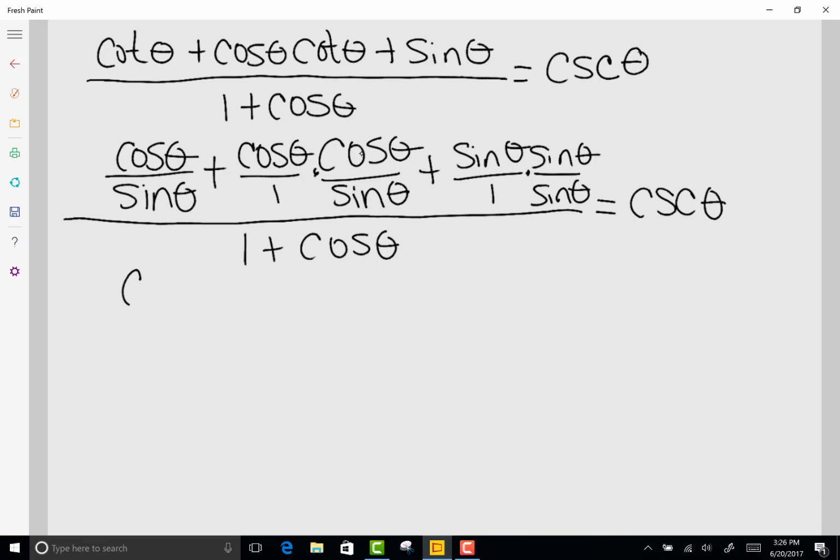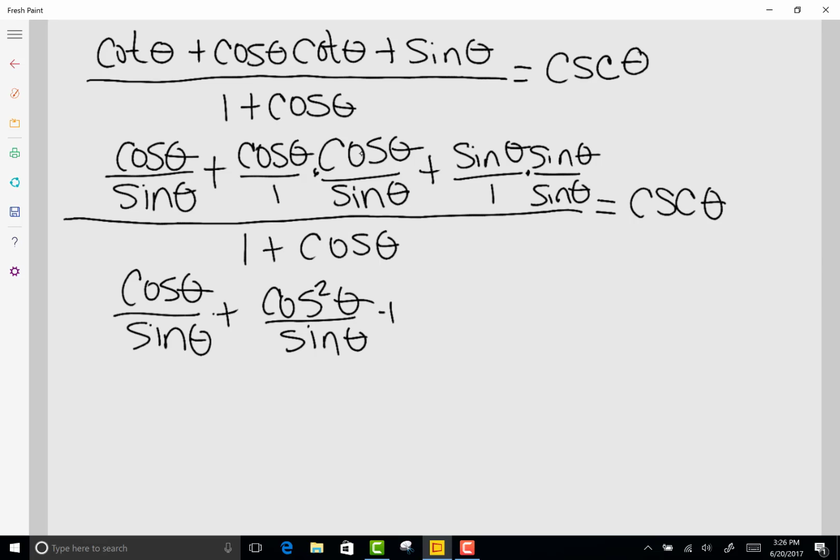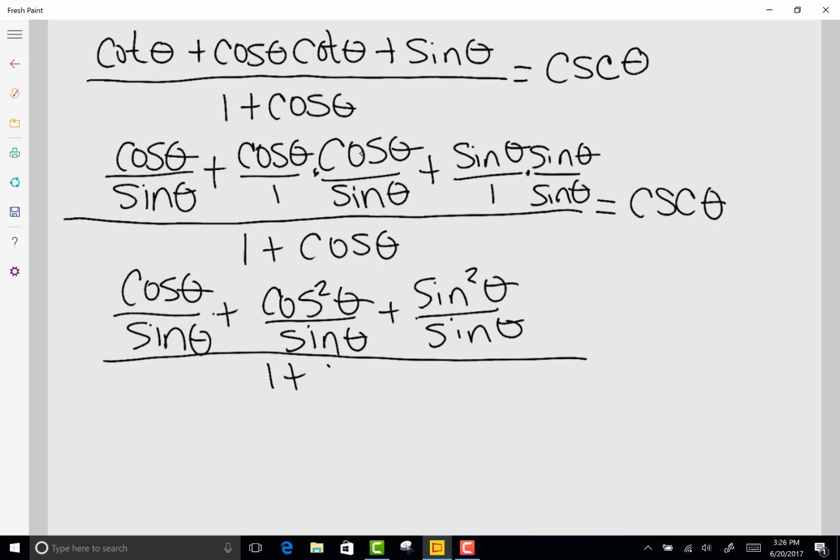That way I have cosine theta over sine theta plus cosine squared theta over sine theta plus sine squared theta over sine theta all over 1 plus cosine theta. And I'm trying to show that that's equal to cosecant theta.